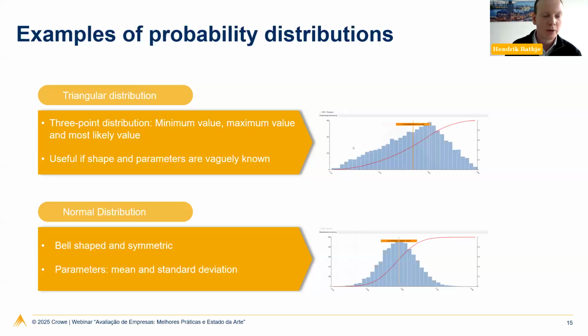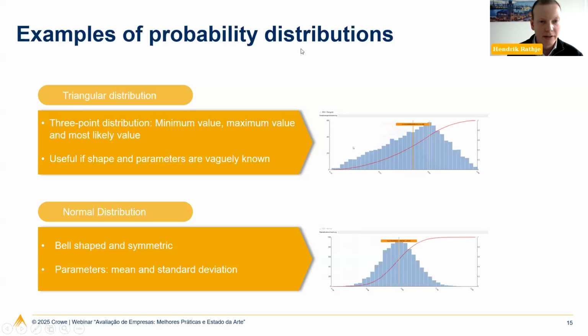Or if you have a company that is very young, for example, a startup company, that you don't have any historic data, so you have to talk to people and understand what are the main drivers of risk behind that startup company. And you might only have a few expert values that you can use. For that, we can use the triangular distribution.